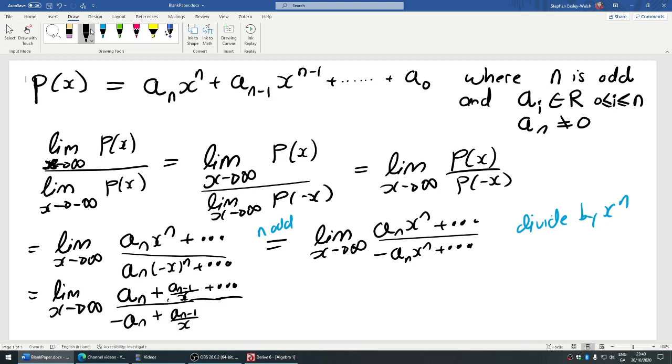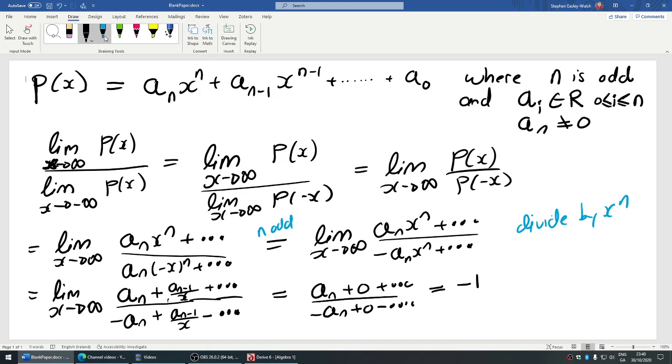The signs are alternating here. When x goes to infinity, you're left with a_n plus 0, etc etc etc over minus a_n plus 0 minus 0 etc etc etc, which will just equal minus 1.